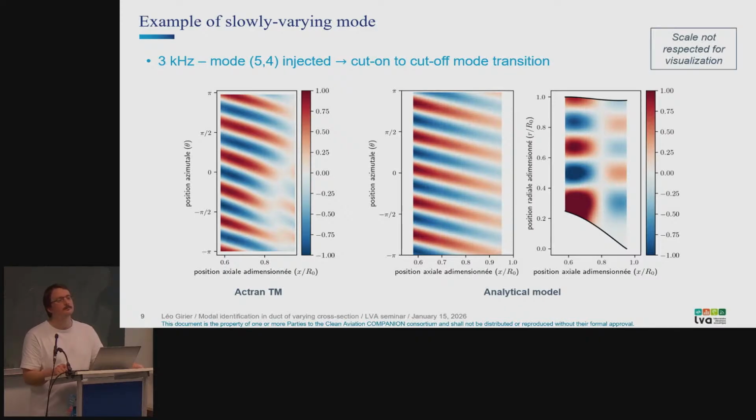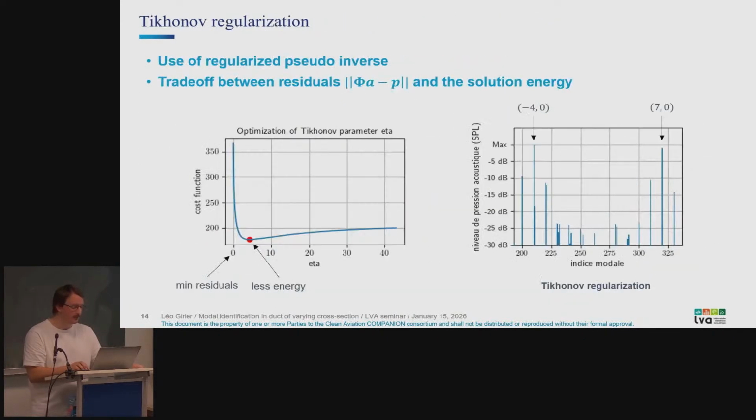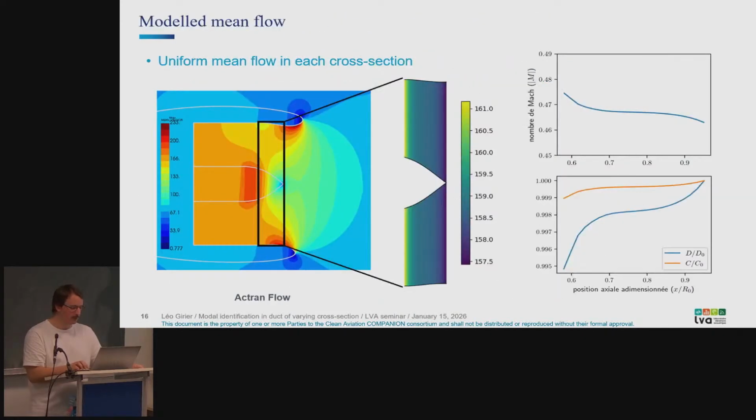All of these assumptions are violated here because the basic assumptions of modal decomposition are violated. I believe you said your Mach number is about 0.2. Yes, in fact this is the outside Mach number. So the Mach number of the flow inside the duct is 0.4 to 0.5. Yeah, 0.4.